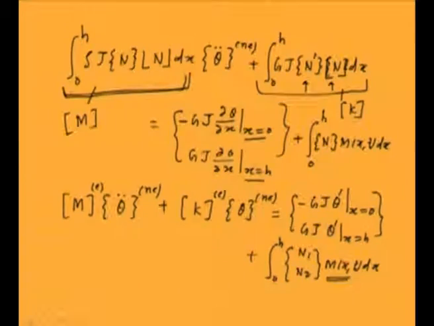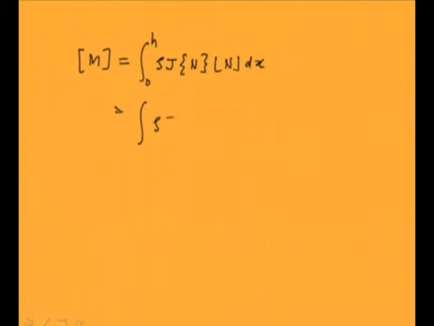Next we will be obtaining the exact form of the mass matrix and the stiffness matrix. The mass matrix, as we defined earlier, is the integral from 0 to h of rho J, N vector and row vector, dx. So this will be rho J, and if we multiply these two we will get N1 square, N1 N2, N1 N2, N2 square, dx.